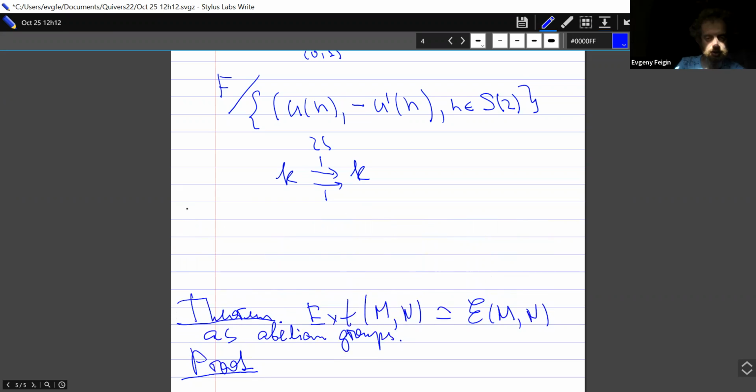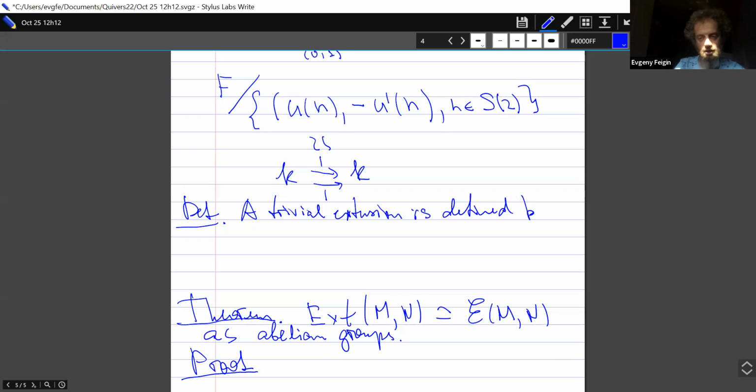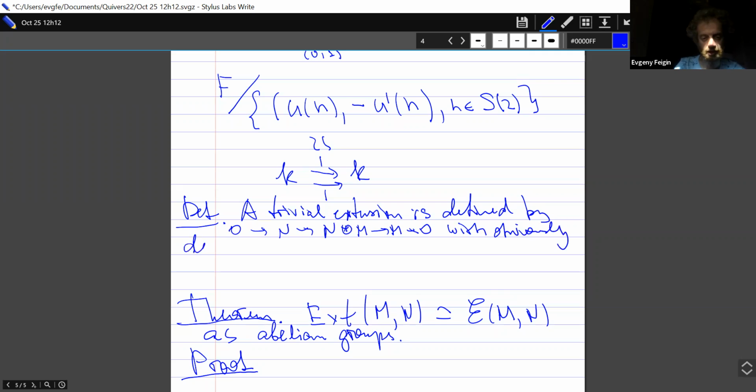So let us put as a definition: the trivial extension is defined by 0 to N to N plus M to M to 0 with obviously defined maps.